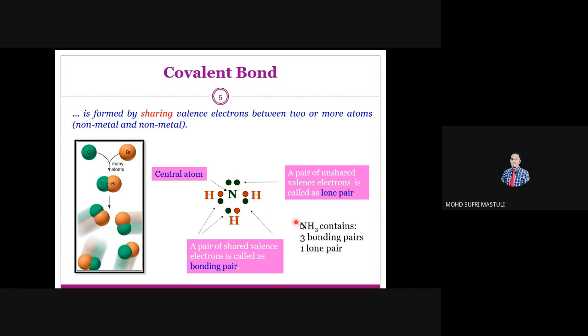For this example, ammonia, the central atom is nitrogen. Ammonia contains 3 bonding pairs and 1 lone pair, or 1 non-bonding pair.